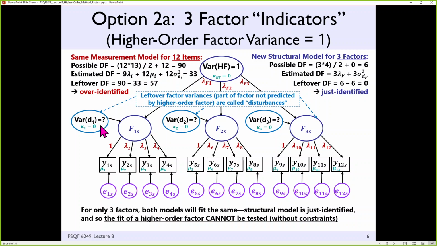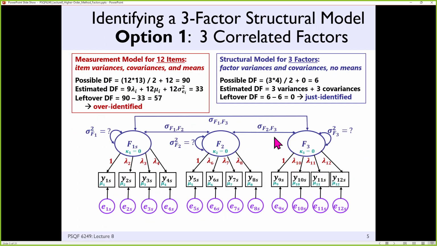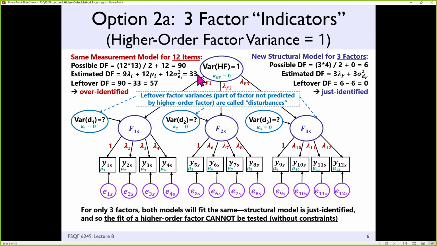So, in terms of parameters, we still have 6 possible because there's still 3 factor variances and 3 factor covariances. How we've gotten there, though, has changed. Rather than have 3 covariances directly among the lower order factors, now we have 3 loadings.